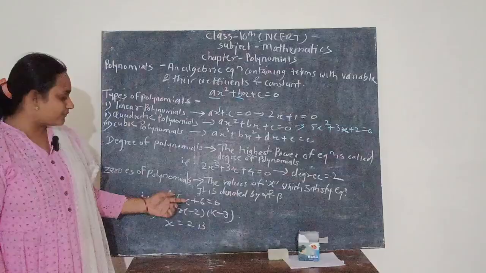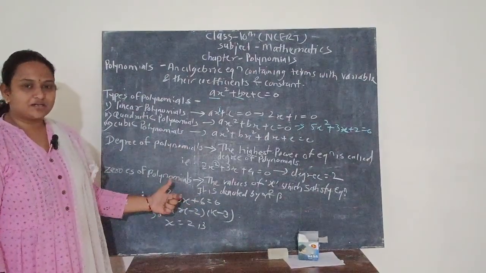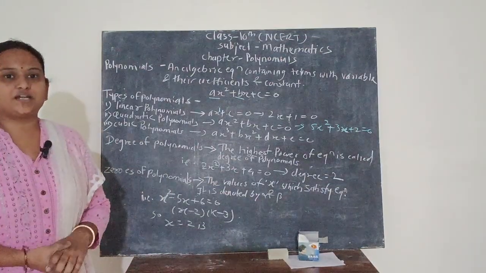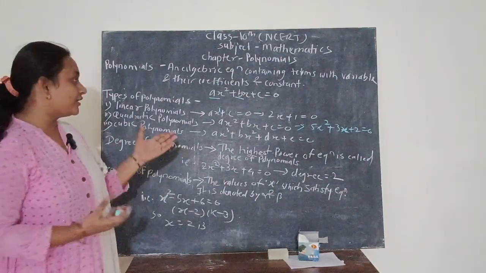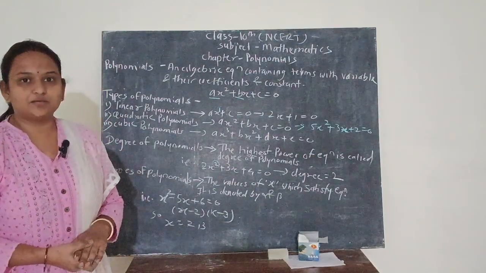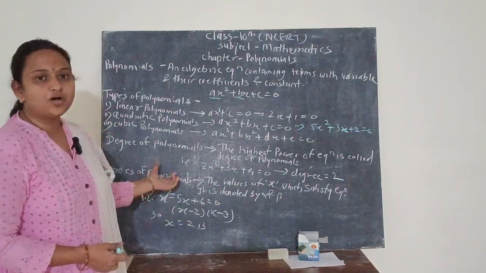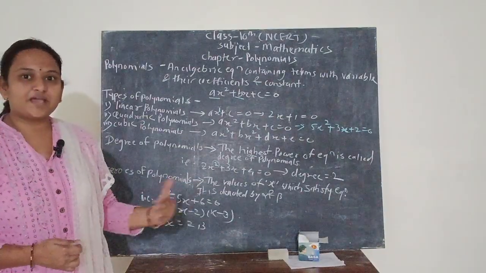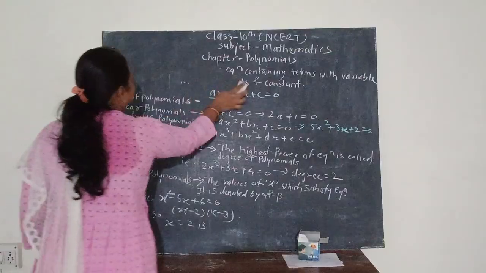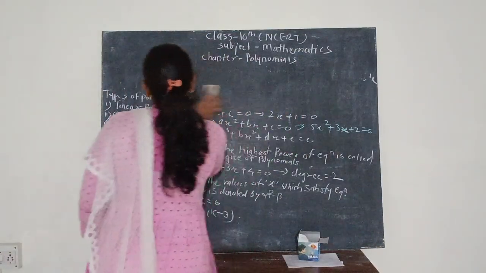You can solve this problem by the factorization method. And if your polynomial is a quadratic equation, you can find these roots or zeros by another formula. I can tell you this formula.